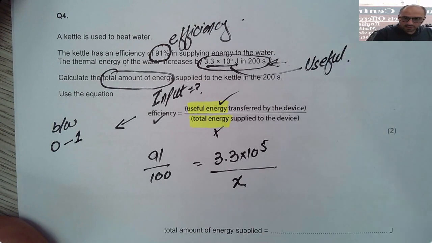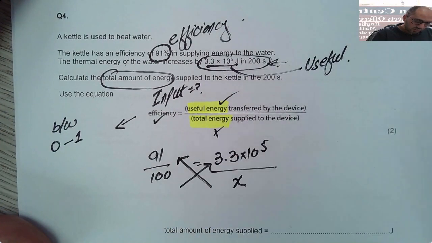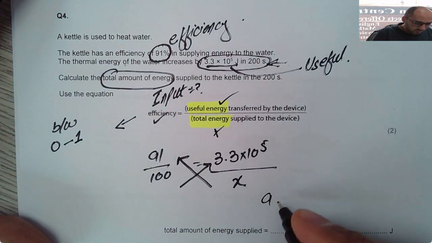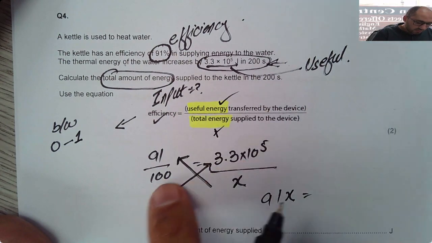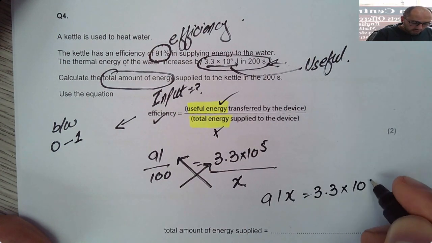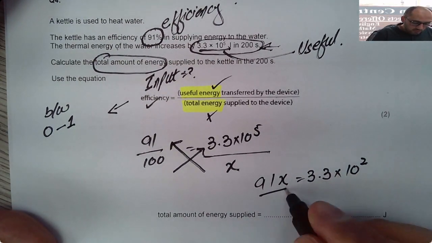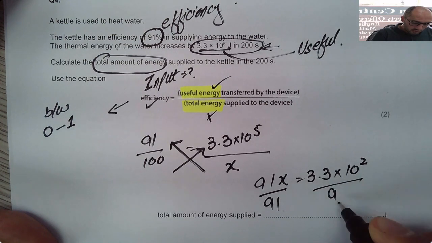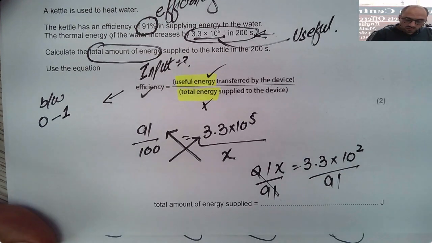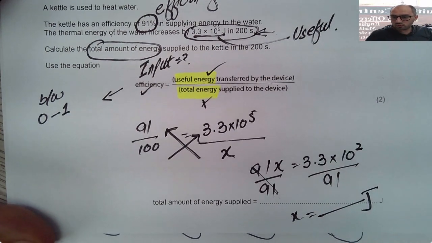I can call it x. To solve this equation, you can cross multiply. So 91 will multiply with x, it will become 91x. If you multiply the other two together, you will end up with 3.3 times 10 to the power of 2. Make sure you put it in your calculator. Now to find the value of x, you will divide both sides by 91. The 91s on this side will cancel and you'll be left with a value of x, and that will be in joules.